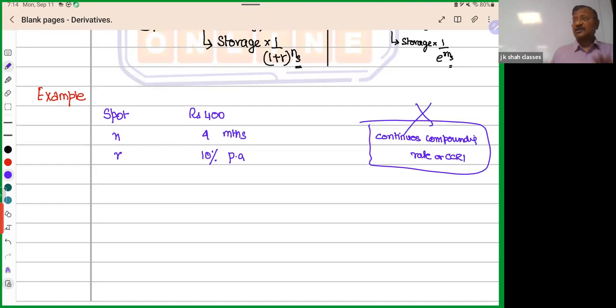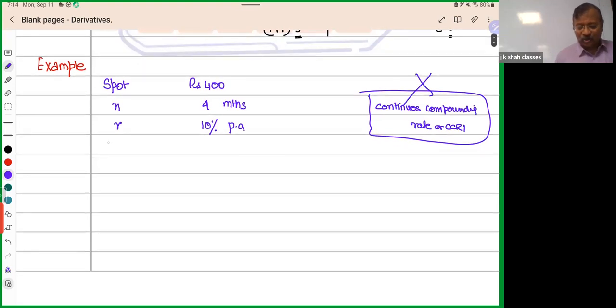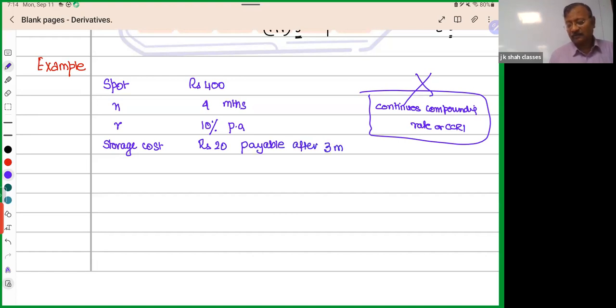The general presumption is normal compounding. Okay. So R is equal to 10%, and storage cost is, let us say, rupees 20, which is payable after 3 months.